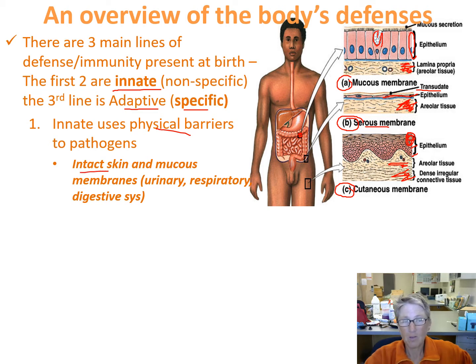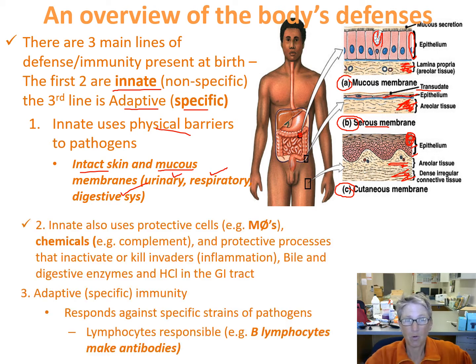So if your skin is intact, that's a good physical barrier. Your mucous membranes, including mucous membranes in your urinary tract, your respiratory system, and your digestive system. All those mucous membranes, the mucus can trap microbes, and then the microbes can be destroyed through various techniques.